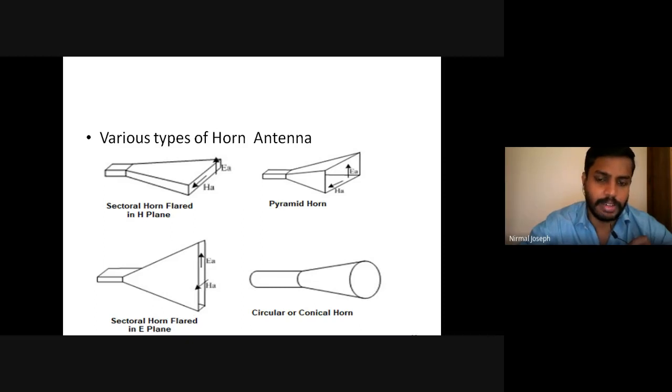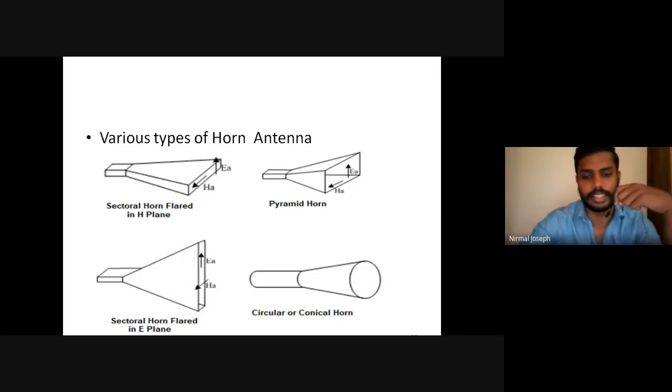But here there is only one quantity, the radius, so we have to increase the radius itself. There is a bigger radius here compared to here, and this will have the shape of a cone. Hence it is called a conical horn antenna, and it will be producing circularly polarized waves.